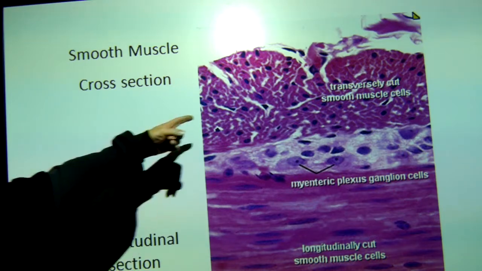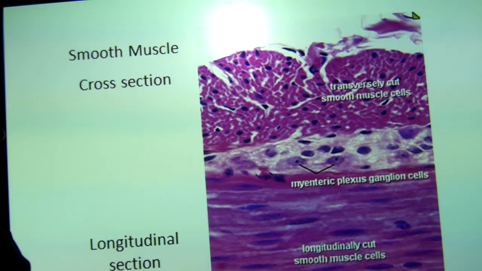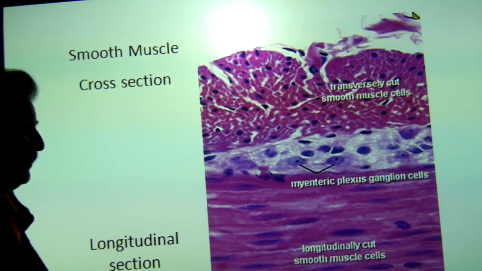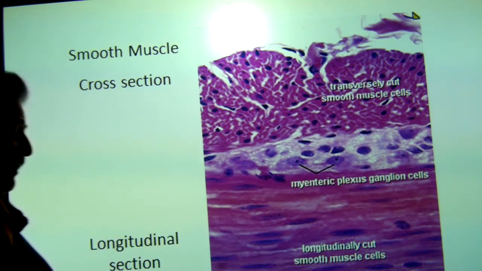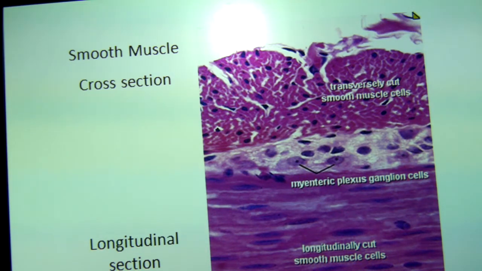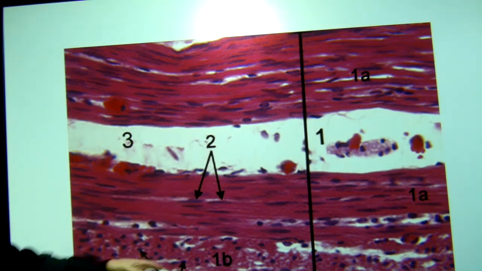But we do call the transverse cut of smooth muscle transverse cut smooth muscle, or longitudinally cut smooth muscle. Those are the two. Longitudinal, transverse. And that will be the end of that.